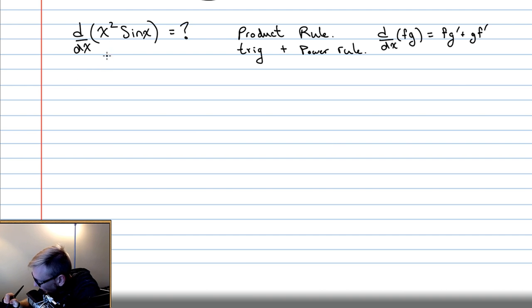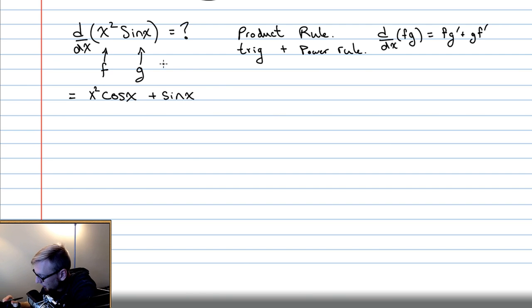So, if x squared is our f, sine x is our g, then we just need f, which is x squared. g prime, derivative of sine is cos. You just went through that. And then we have g plus sine x.